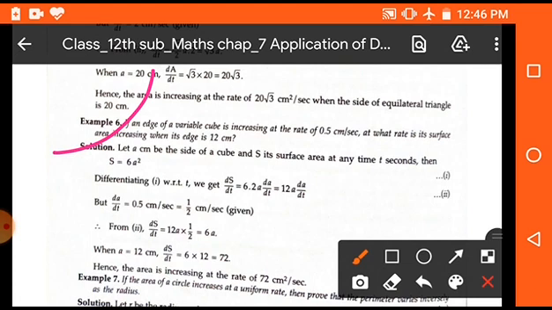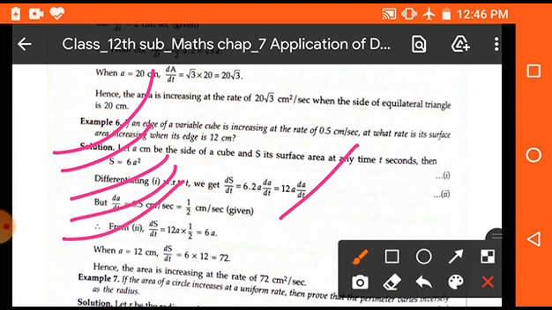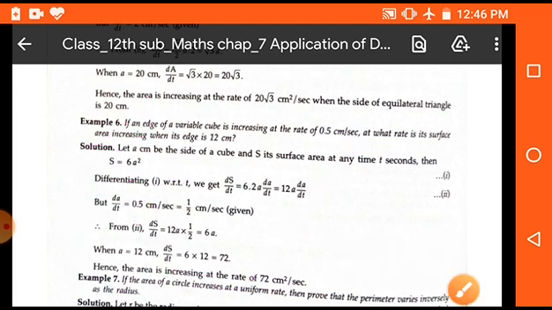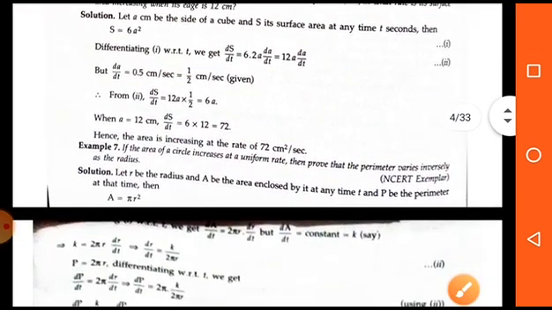That means here S equals 6a square is the surface area. Now differentiate it with respect to t, we get 12a times dA upon dt, and dA upon dt is given as 0.5. So put this value and we get dS upon dt, that means the change in area with respect to time. It will be 72 when we put a equals 12 centimeter. So 72 centimeter square per second is the change in area with respect to time.